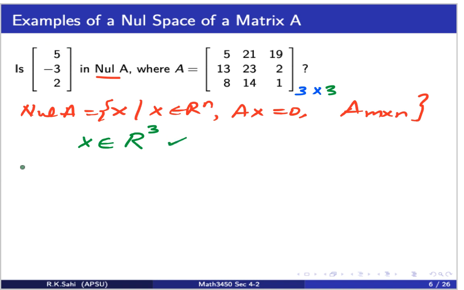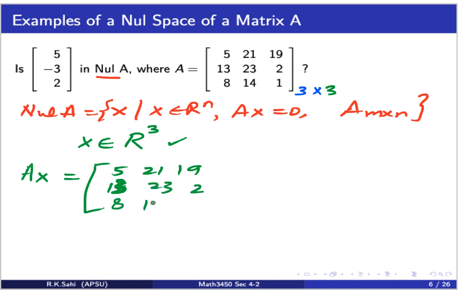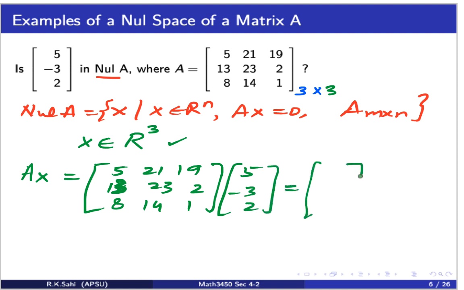Now what do we do? We take the matrix A and we multiply it to x. So this matrix is 5, 21, 19, 13, 23, 2, 8, 14, 1. Let's have this vector 5 minus 3 and 2. Now you can easily do the math.